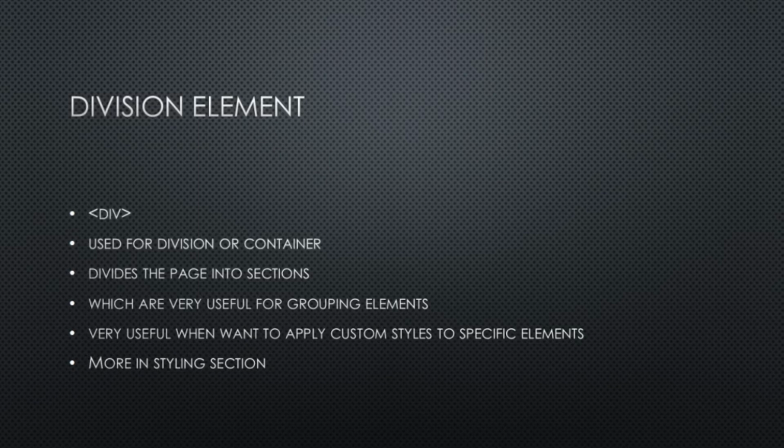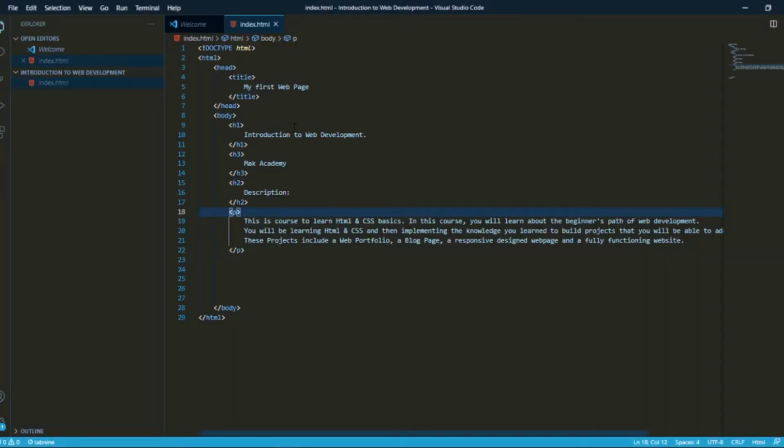But for now, let's define it inside of our HTML file. So in here, the first thing is the content which I want inside of my container. So let's say I want all of these lines inside of my division.